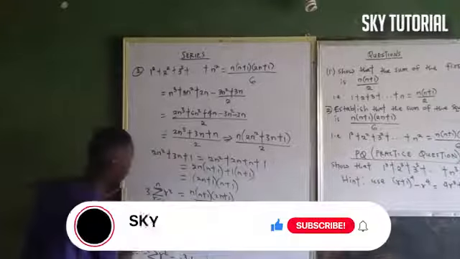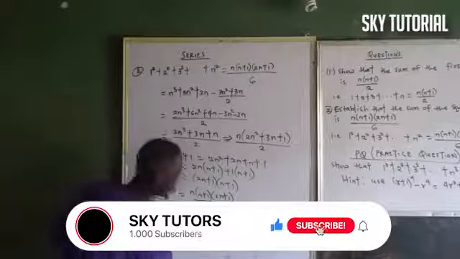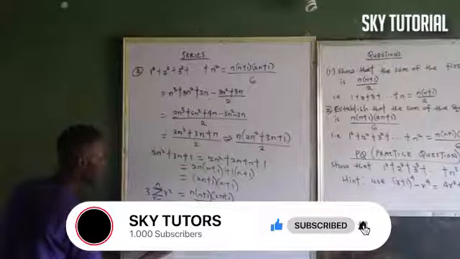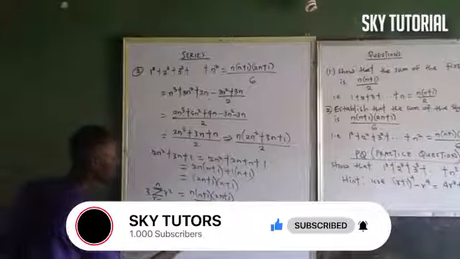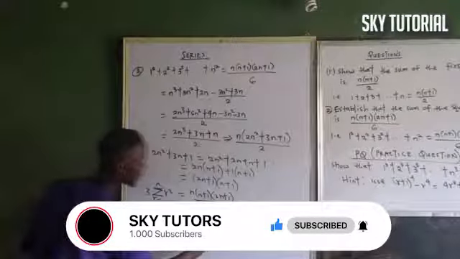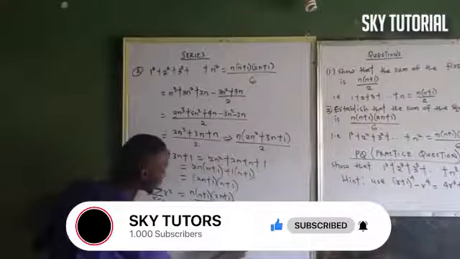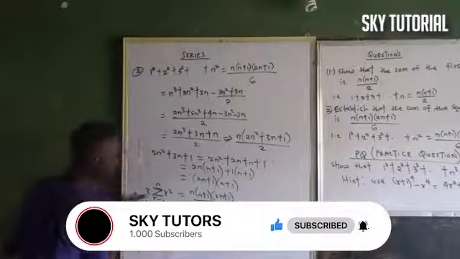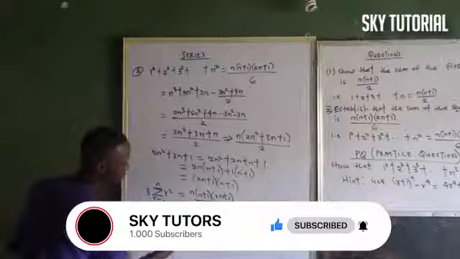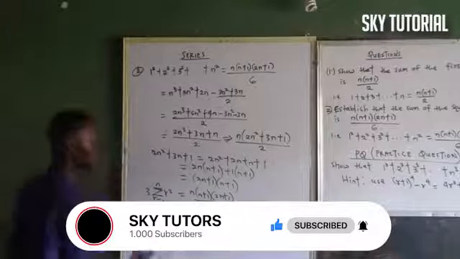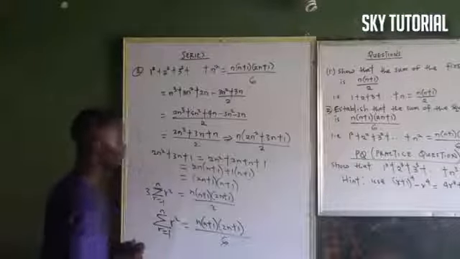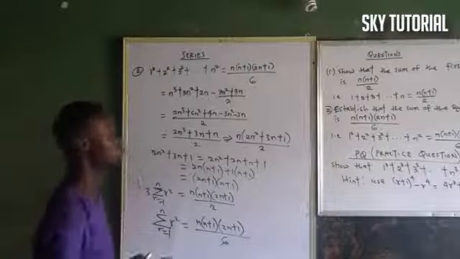So when we divide both sides by this 3, we are going to have summation r = 1 to n of r^2 equal to n(n+1)(2n+1) upon 3, which is going to multiply this 2, so we have 6 here. So that is the proof for question 2.